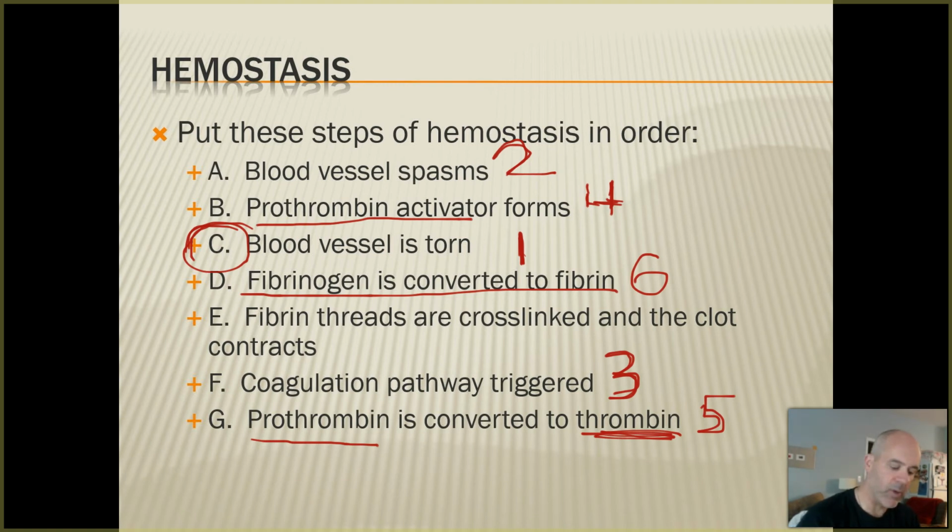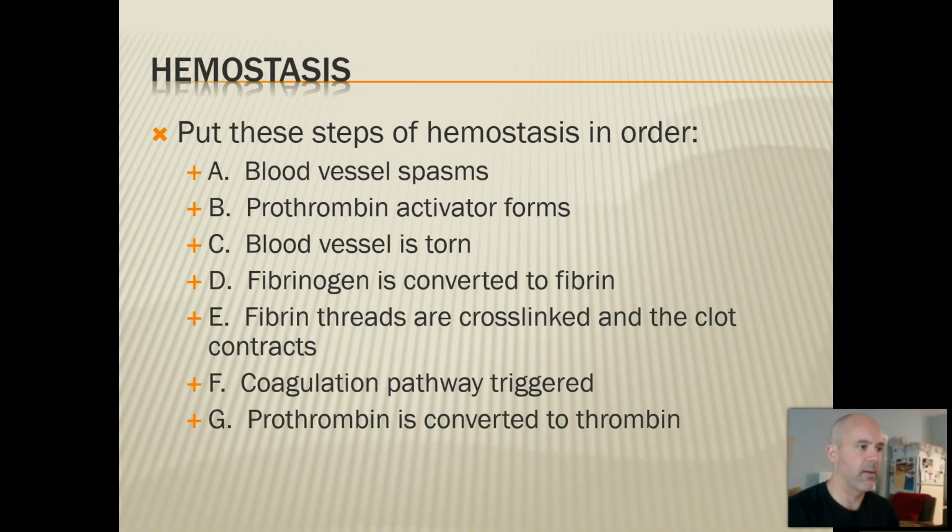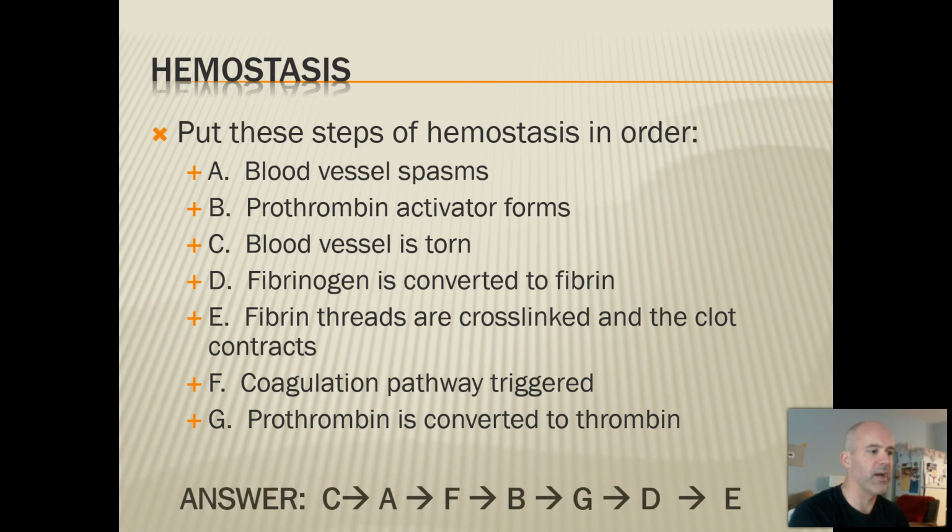All right, so the last thing, once fibrinogen has been converted over to fibrin, those fibrin threads are cross-linked together and the clot contracts. So that's going to be step number 7 there. So this is one of those pathway things. You just kind of need to know the sequence of events for how that happens.